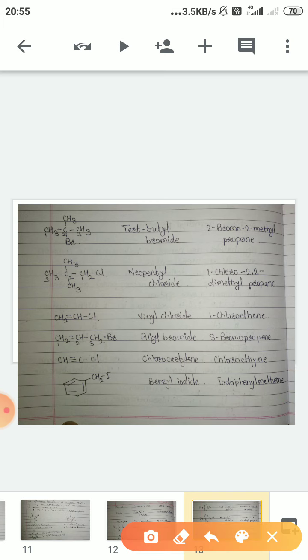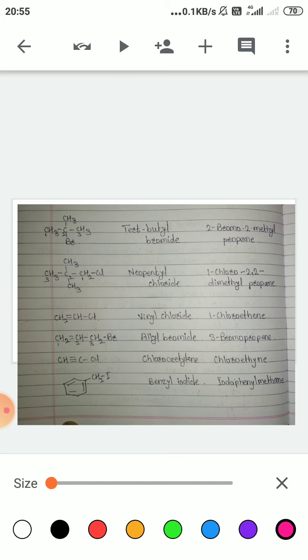We'll see the next one. First see the compound we are going to write the name of.